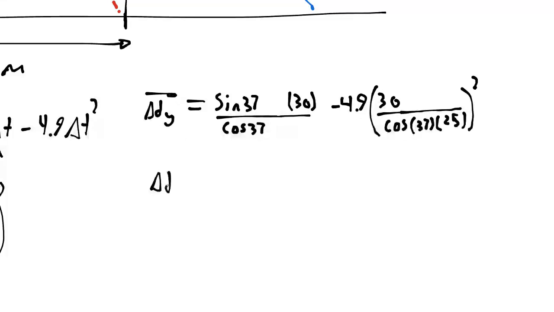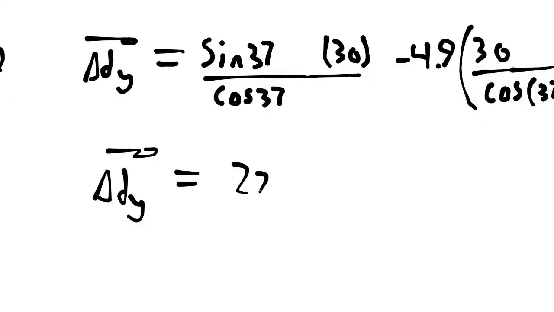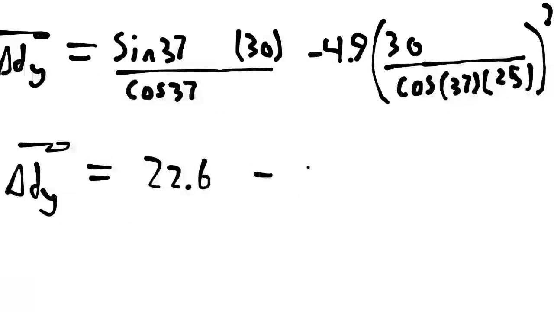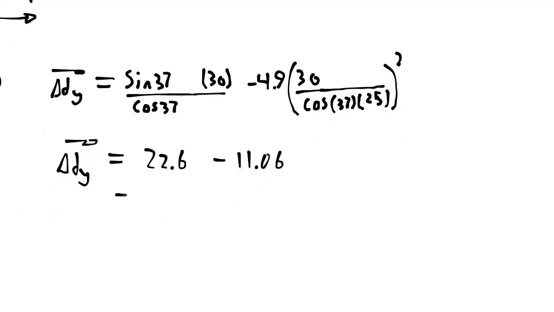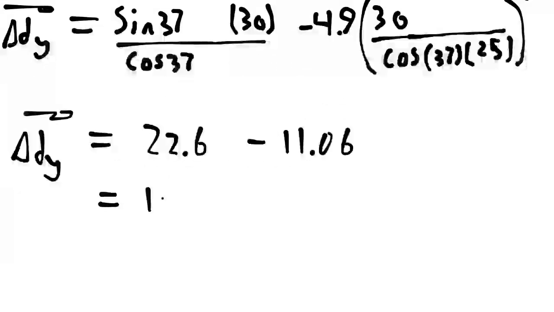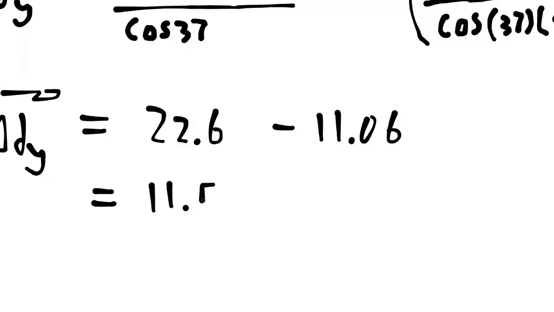So for delta dy, you just put all these numbers into your calculator and you should get a number. I'll skip ahead to what that will look like. This is going to be 22.6 minus 11.06, which will equal 11.53 meters.